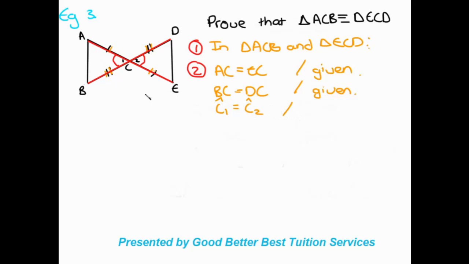Now our reason, this is where it's going to be different. We've proven that it is equal because it is vertically opposite. It wasn't given to us, we had to prove it. So that's why we'll write vertically opposite angles.